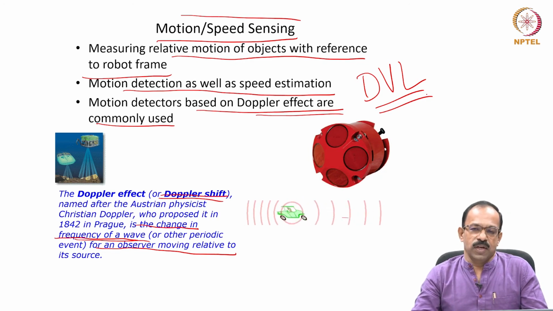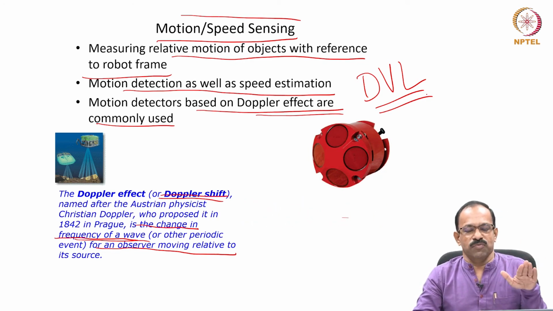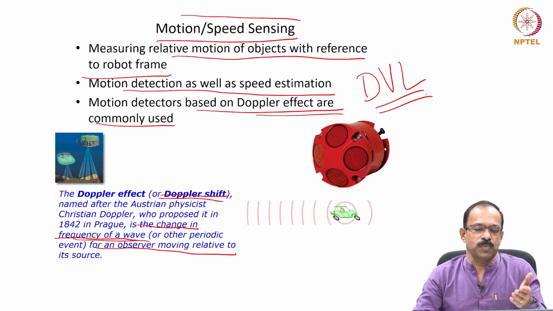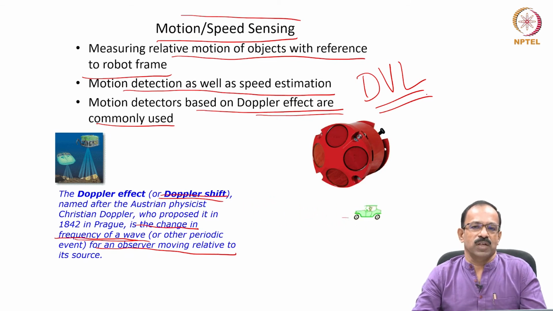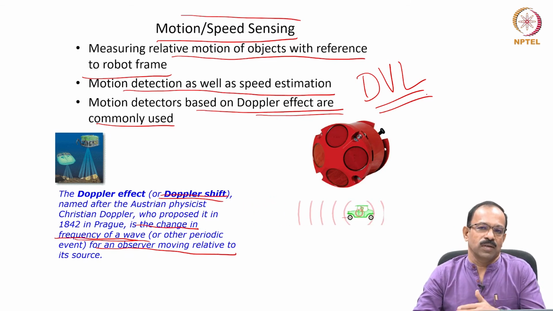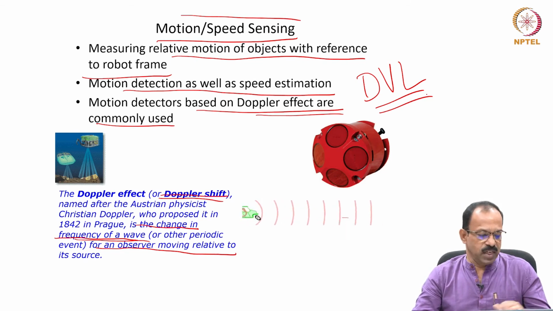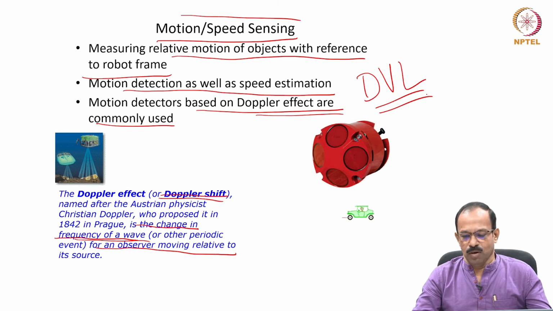If the robot is moving with respect to a constant reference, you can transmit a signal and see how much the frequency changes with respect to the reflected signal, and that tells you at what speed you are moving with reference to that fixed object. So, that is the Doppler velocity log or Doppler based velocity sensor.